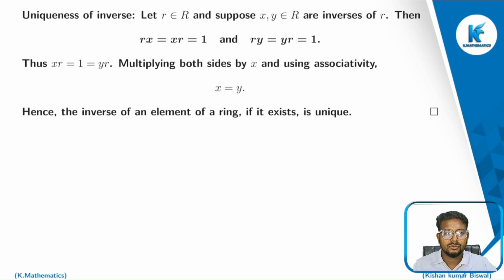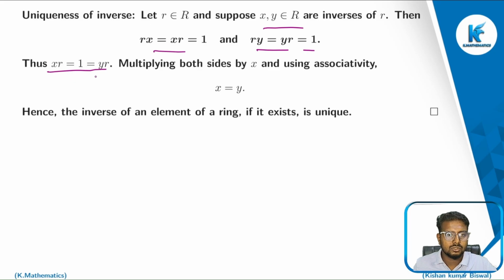So from these two equations, we can write x equal to y. Similarly, to check uniqueness of inverse, let us assume there is r belongs to R and there are two distinct inverses of this r, which are x and y. So since x is inverse of r, we can write r into x or x into r equal to 1. Similarly, here also y is inverse of r, so here we can write r into y or y into r equal to 1. So from these two equations, we can write x into r equal to 1 equal to y into r.